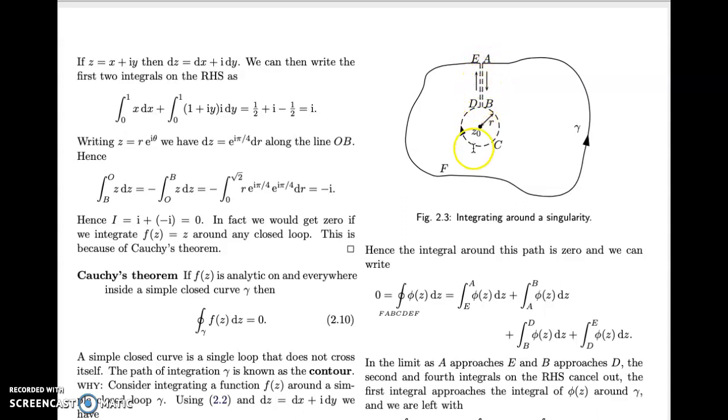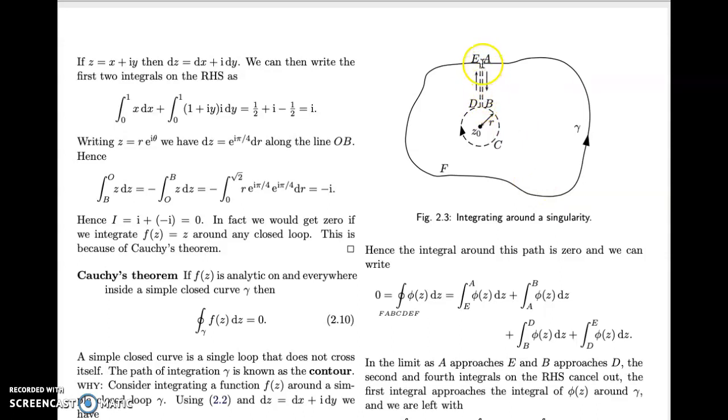Then the first integral, from E to A, gets closer and closer to the integral that we actually want to find: the integral around here, enclosing a singularity. This integral cancels with this integral, because these are just two line integrals in opposite directions which are getting closer and closer.